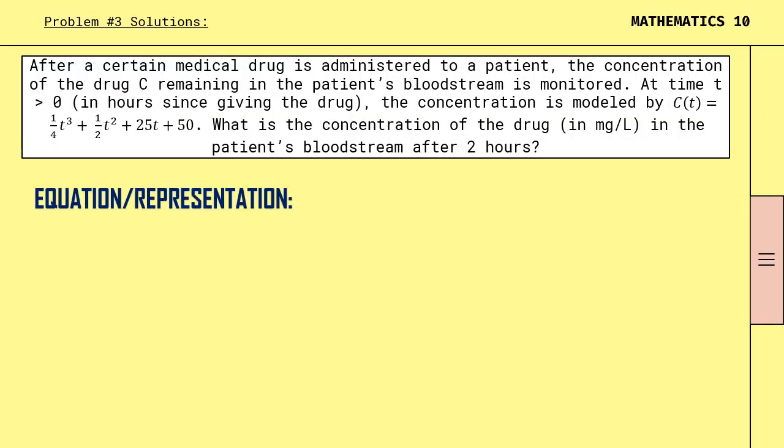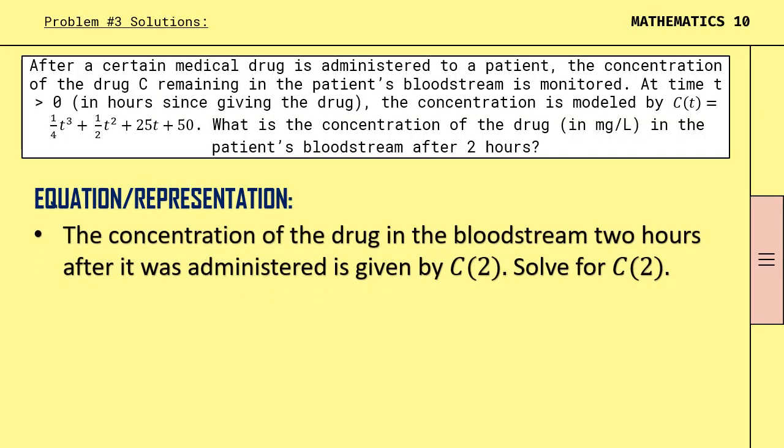Now again, we're going to start with representation. The concentration of the drug in the bloodstream 2 hours after it was administered is given by C of 2. So now we are supposed to solve for C of 2.